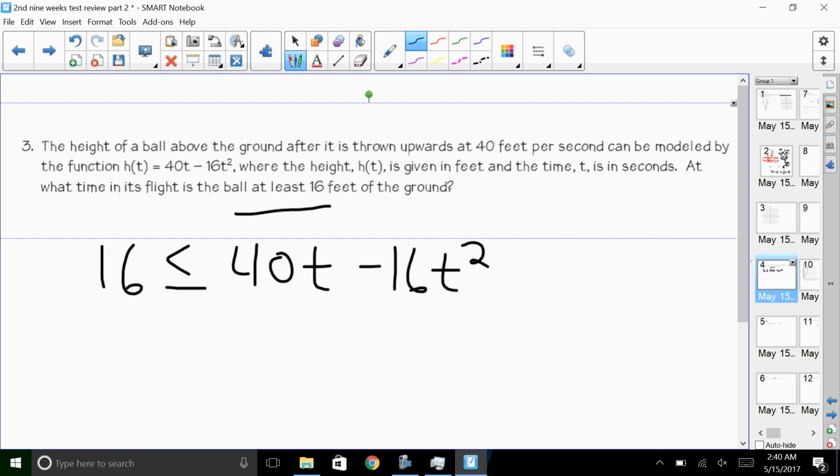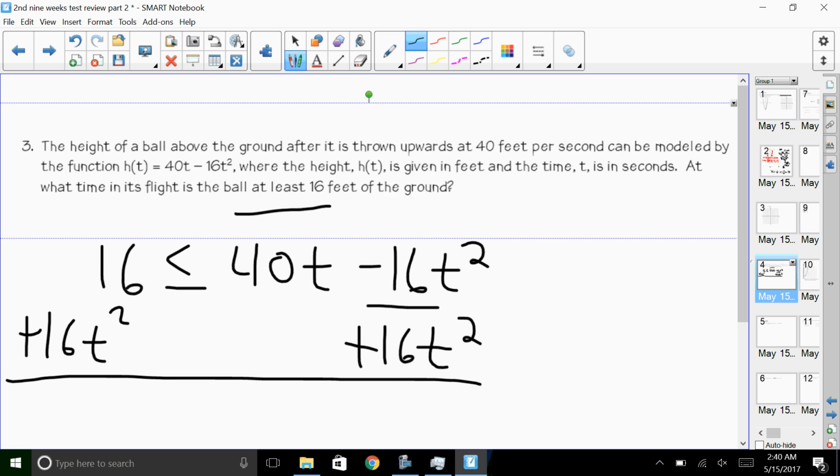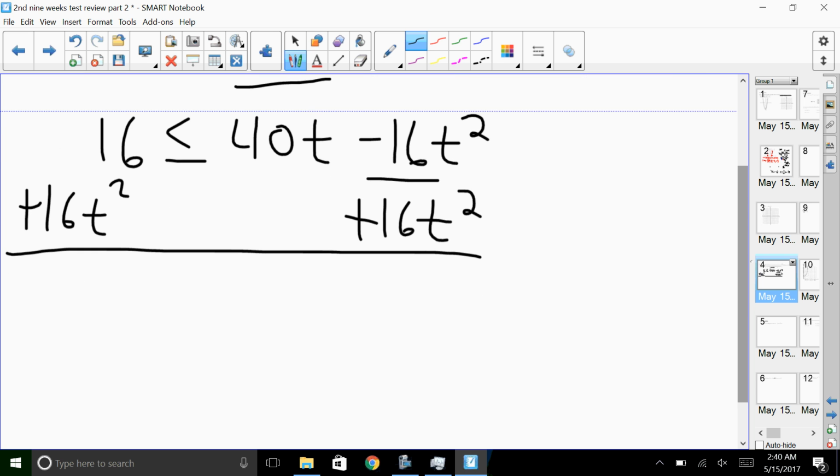So I could move the 16 to the right to set it equal to 0, but I want a positive t squared, so I'm going to add 16t squared to both sides. We'll move everything to the left. Alright. So what is it? 16t squared plus 16 less than or equal to 40t.